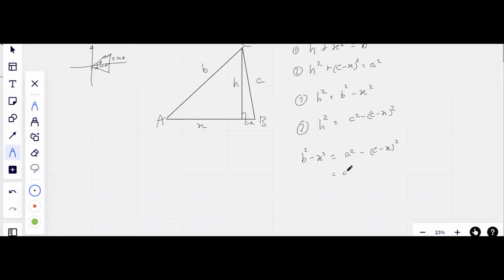Now let us simplify that. A squared minus c squared minus, multiply by everything in this parenthesis.